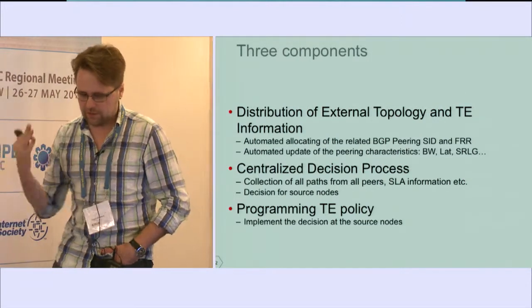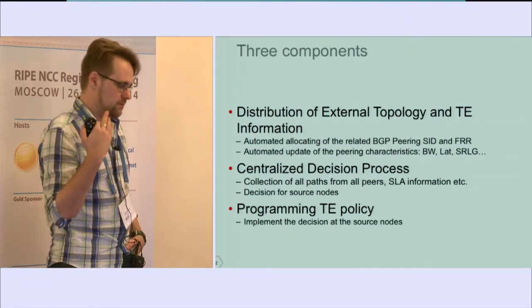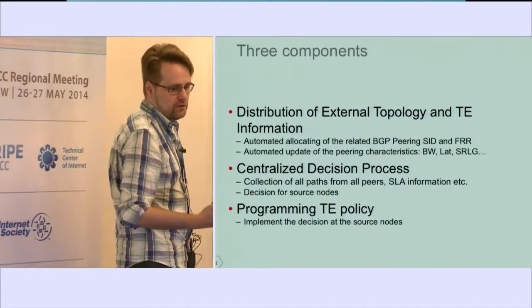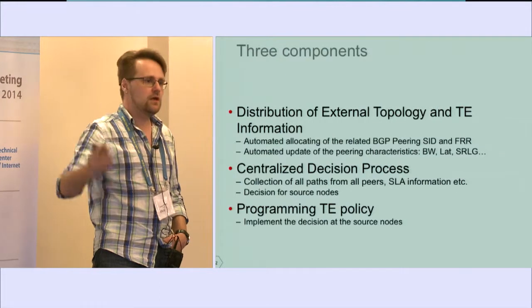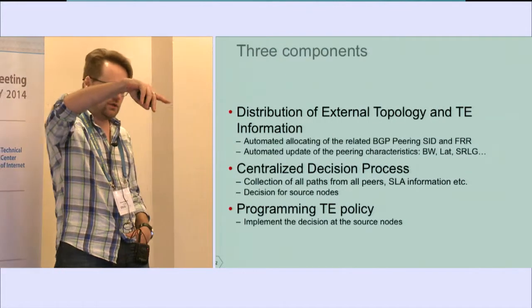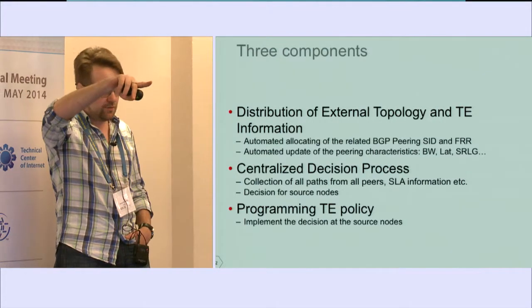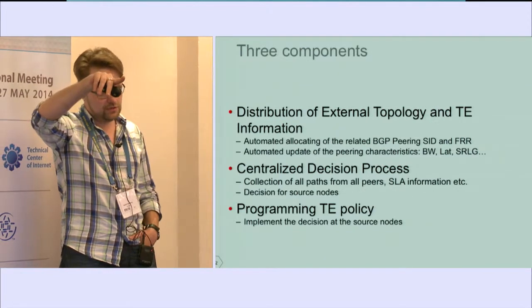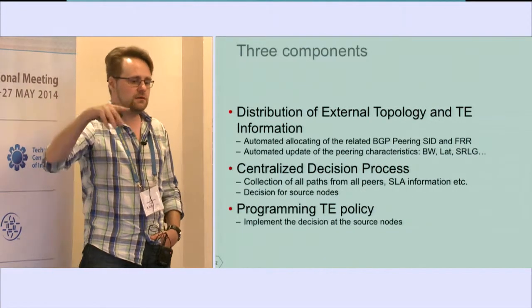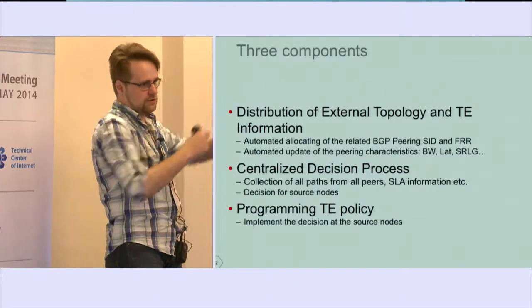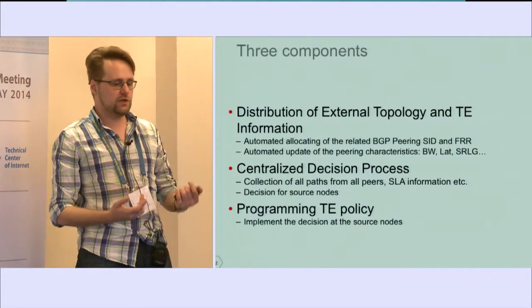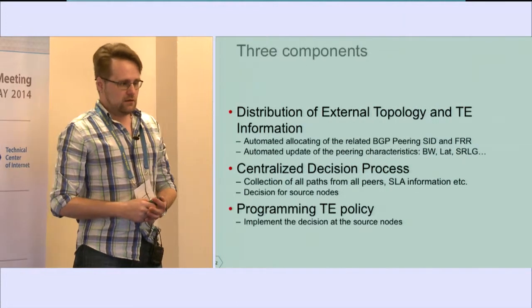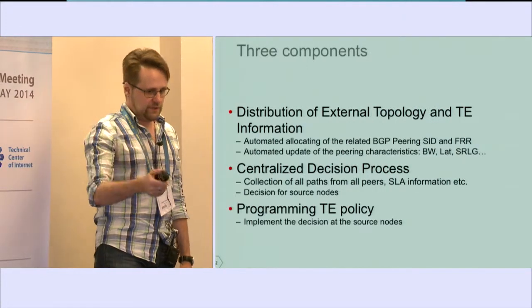The first one: to do the routing in such a fashion, we need to take the external topology. We need to know our BGP sessions, our links to the peers, and send all this to the centralized control unit, which is in charge of routing.